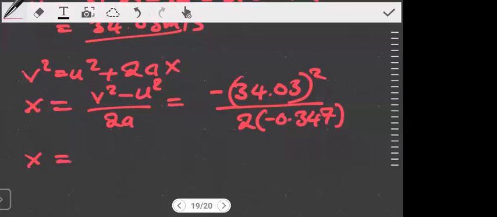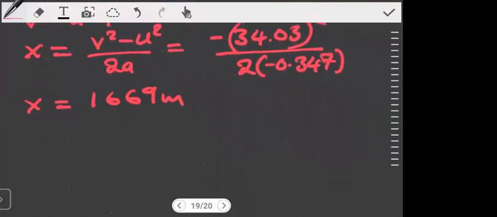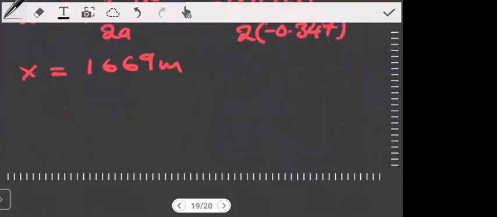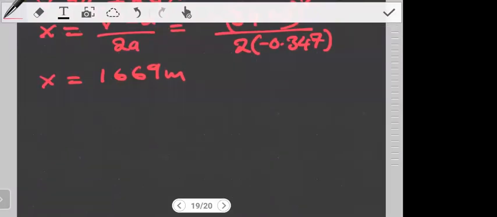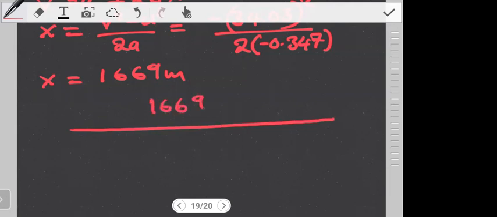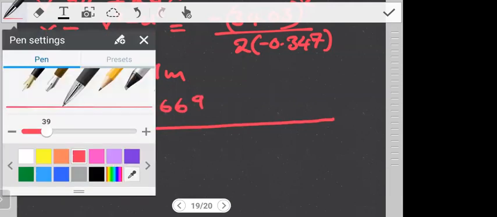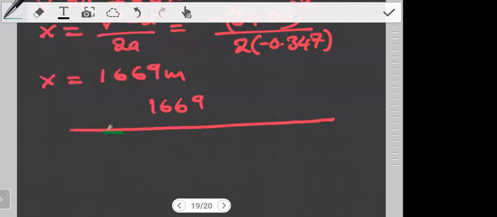You get this one as 1,669 meters. So this is the distance the train travels as it comes to rest. So in other words, from the minute it starts all the way to the far end, the train covers 1,669. But what we want to find is the further distance it covers after 1 kilometer.